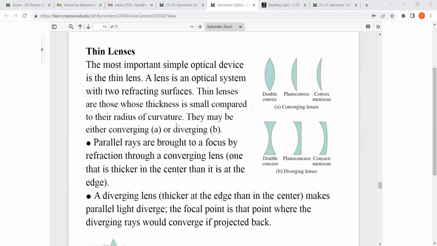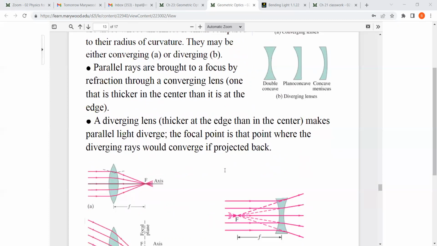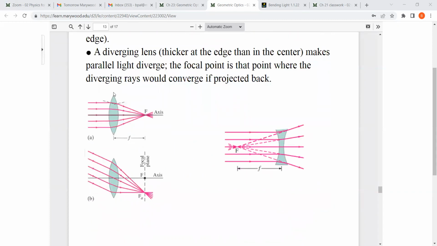It doesn't matter from which side the light is passing. It will always be the same, no matter whether light is going from this direction or from this direction.